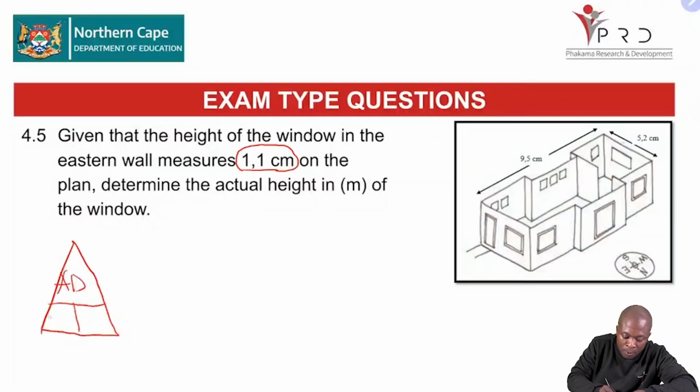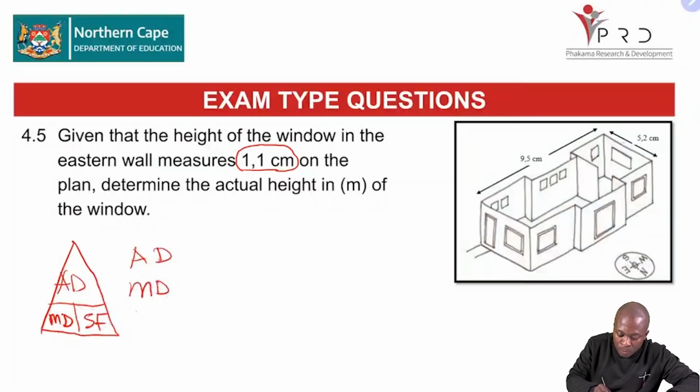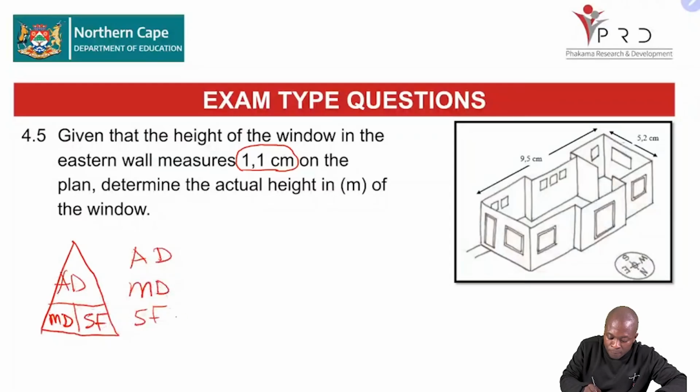On your left is our map or your measured distance. And then on your right side is your scale factor. Then if you want to make it easier for yourself, write the values down. AD, MD, SF. You put an equal sign in front of them.